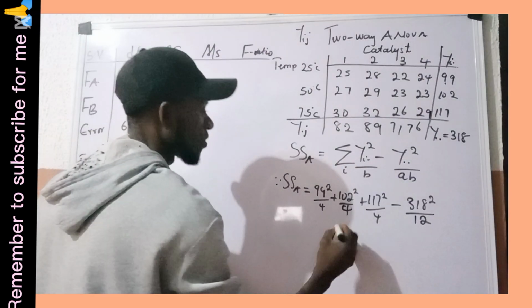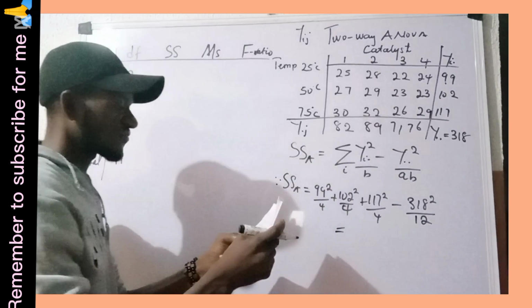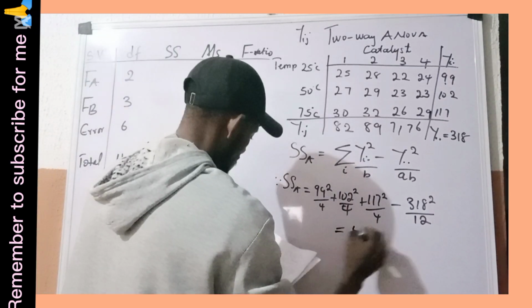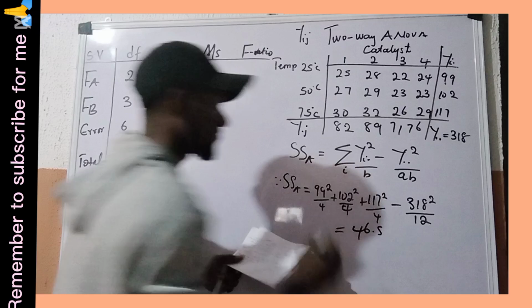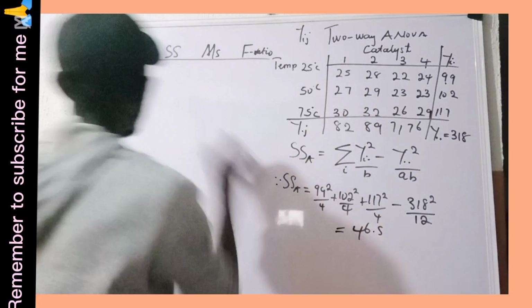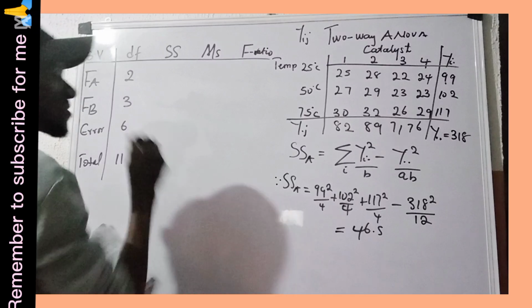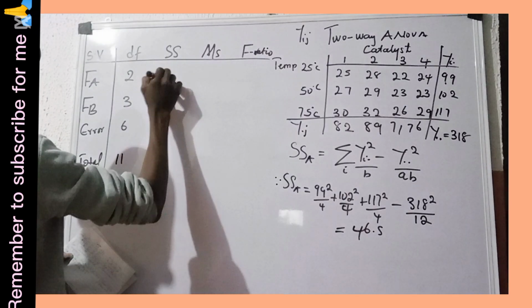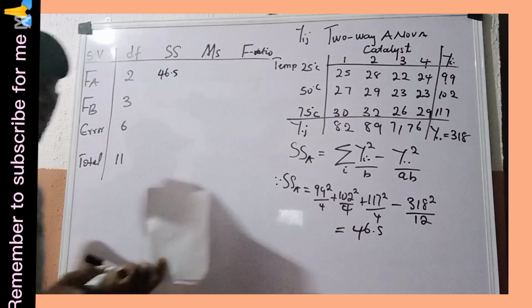If you evaluate the whole of this, the answer you are going to get for SS of A is 46.5. You can decide to cross-check it. So you come here and you put 46.5.